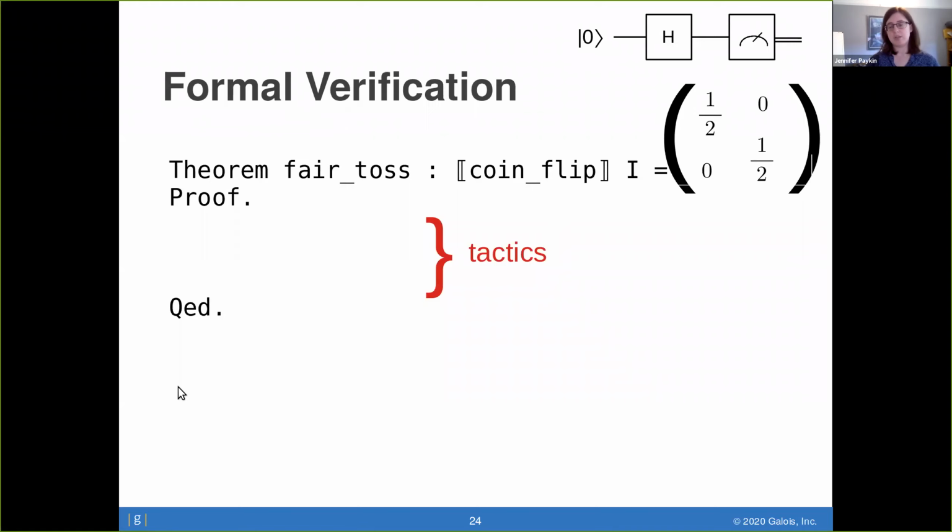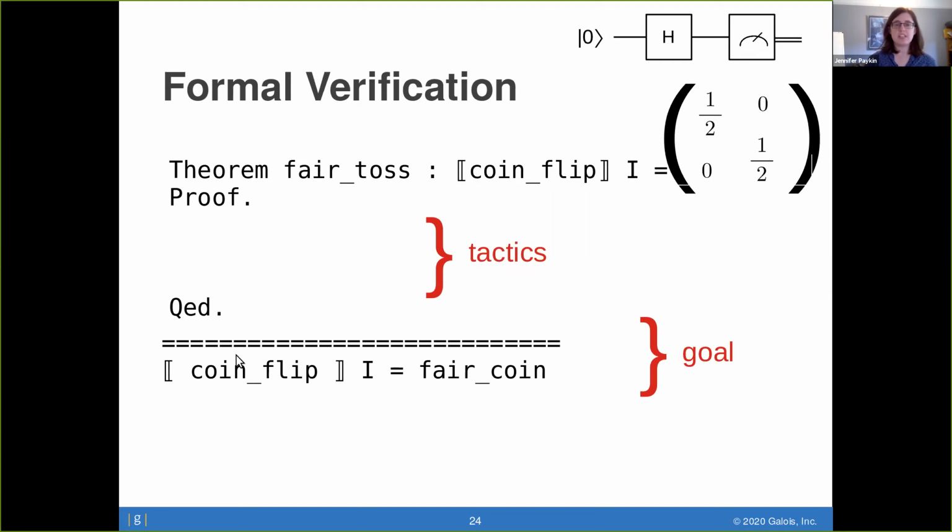QED will only process if we have actually proved the entire theorem. If QED doesn't process, then you haven't proved the theorem, and if it does, then you get this feeling of, yes, we've proved the theorem. That's great.